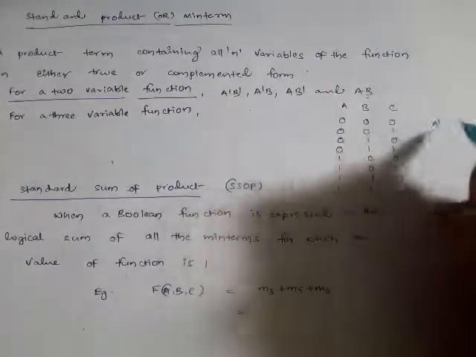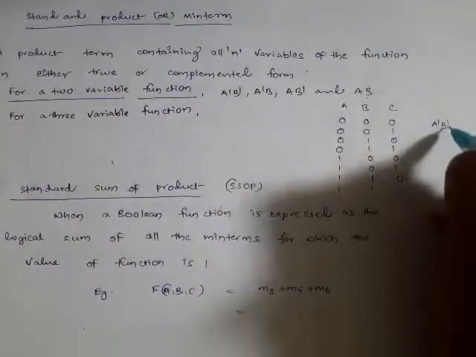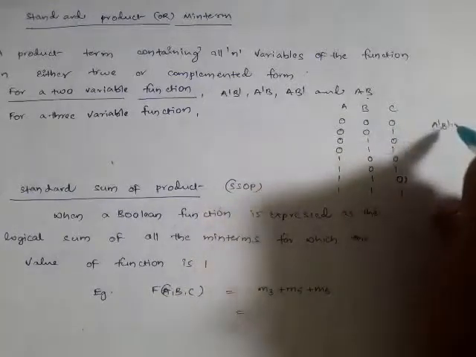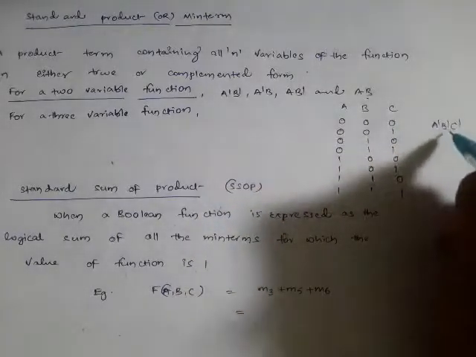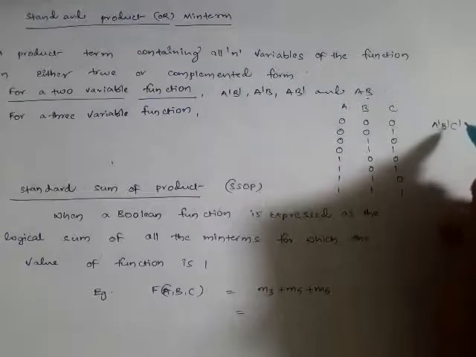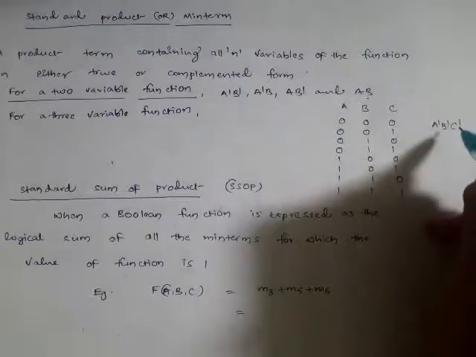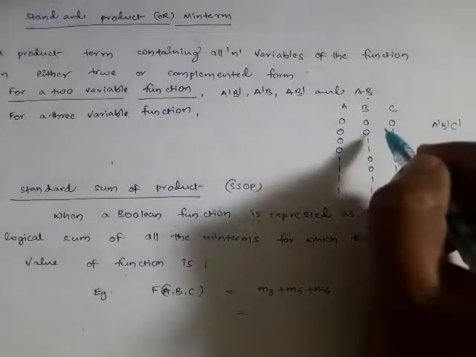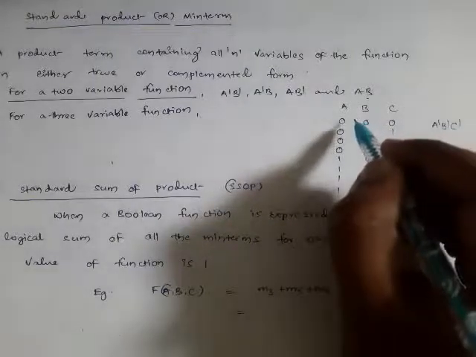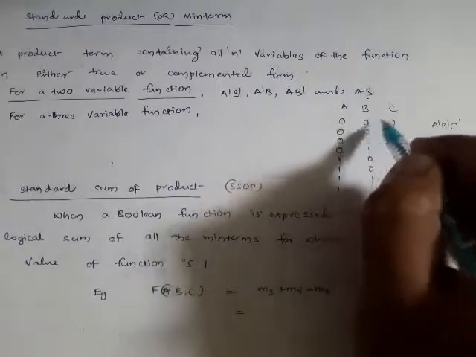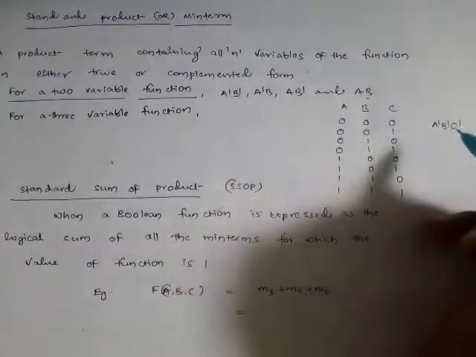B assumes 0, so it must be written as B bar, and C assumes 0, so it must be written as C bar. So this is the minterm corresponding to the input combination of A equal to 0, B equal to 0, and C equal to 0.